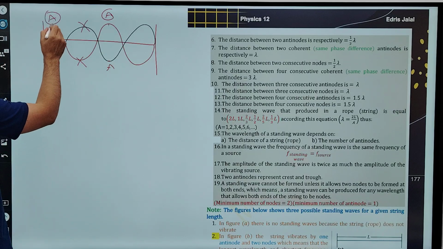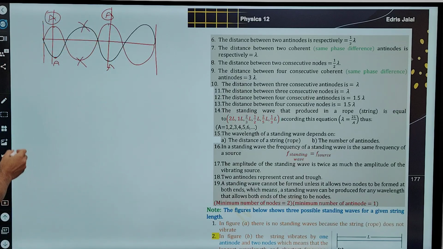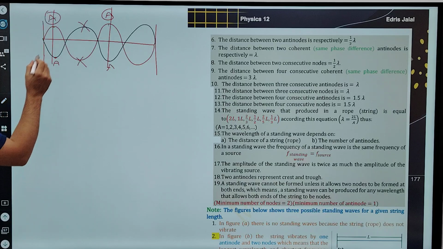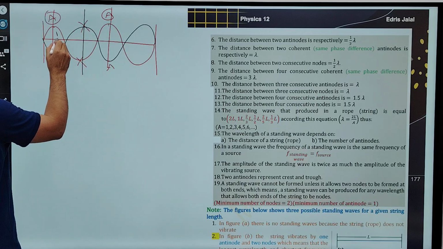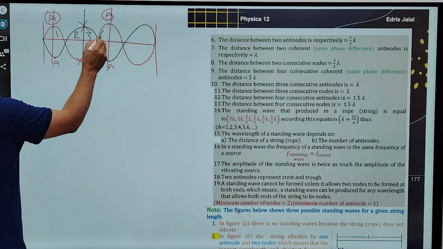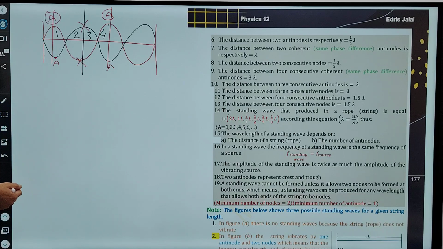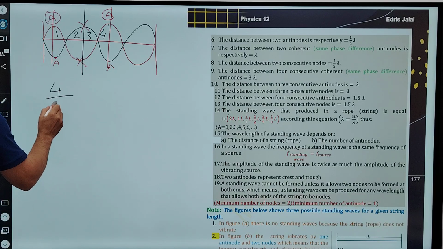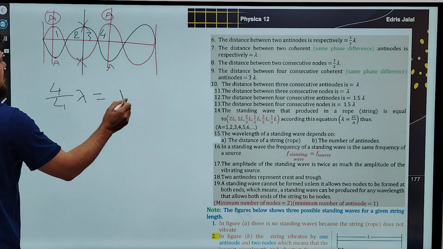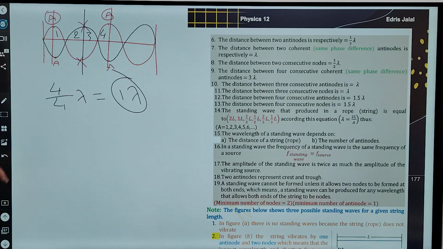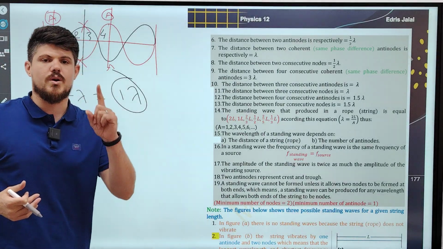Okay, let's count the distance from this antinode to this antinode respectively with the same phase difference, okay? How many quarters do we have? 1, 2, 3, 4. So 4/4 wavelength, 1 wavelength, okay? The distance between two antinodes with the same phase difference is equal to how many wavelength? 1 wavelength.